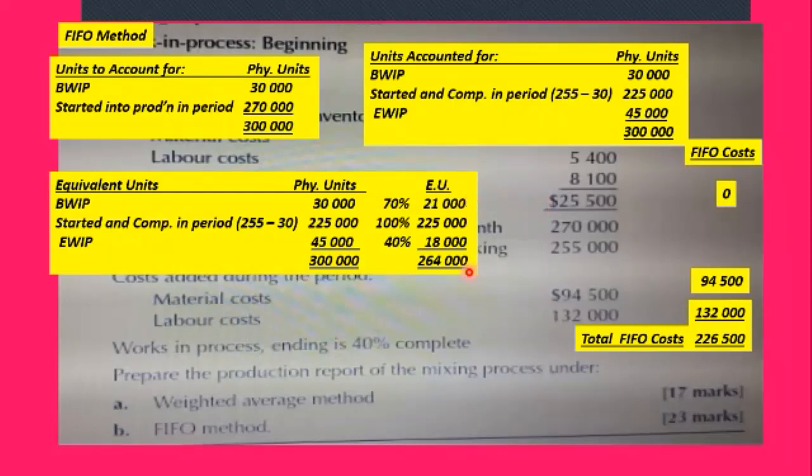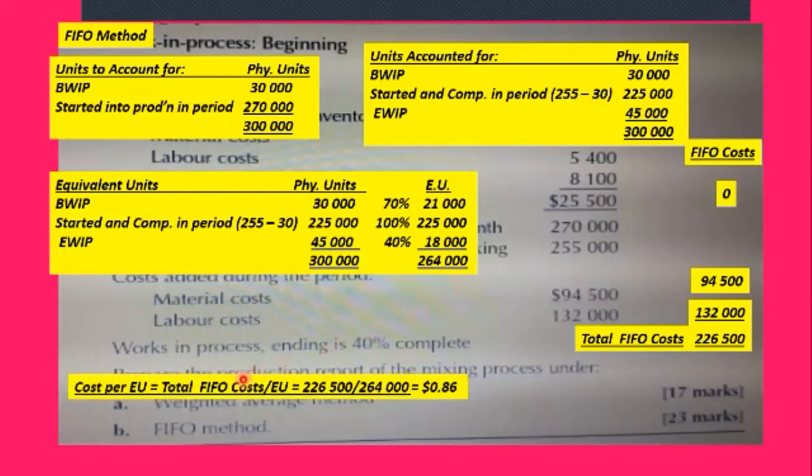So you can only find the cost per equivalent unit for the total. So we take this total FIFO cost and divide it by the equivalent units here. The FIFO cost of 226,500 divided by 264,000 units would give us 86 cents a unit.